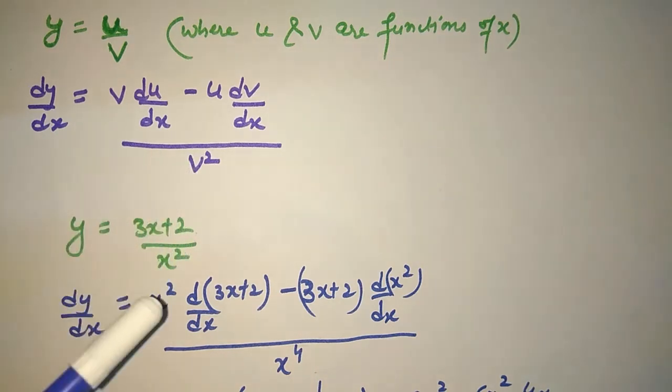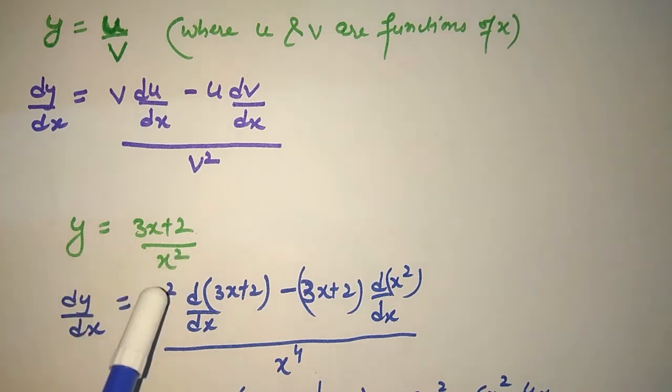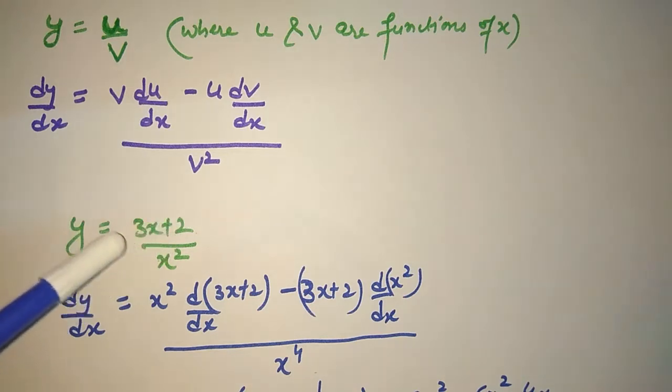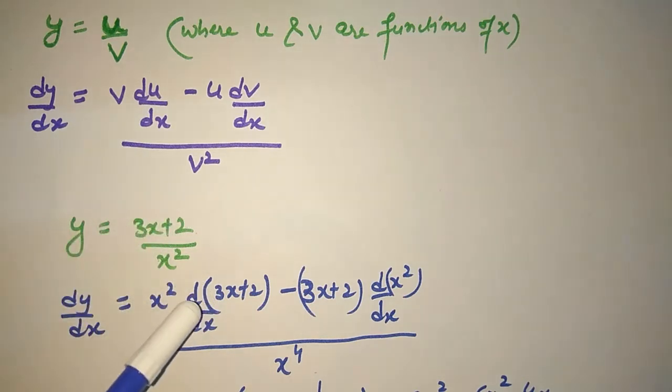Let's see this with an example, that is y is equals to 3x plus 2 upon x square. Now in this 3x plus 2 is our first function and x square is our second function.